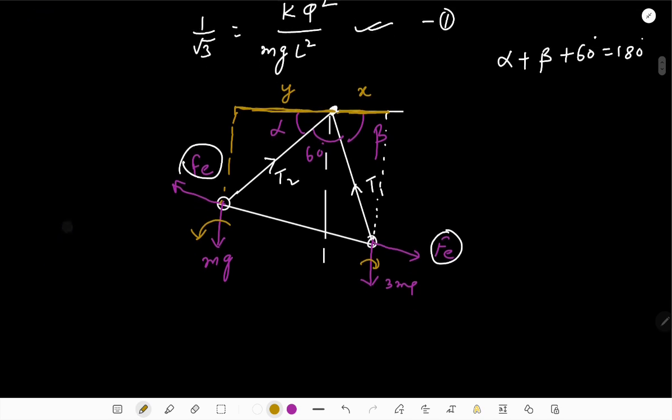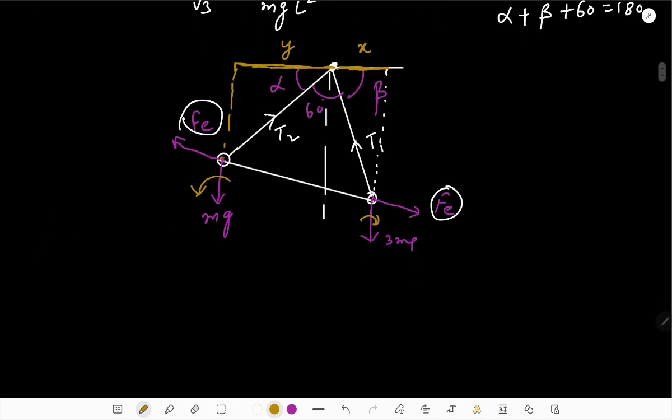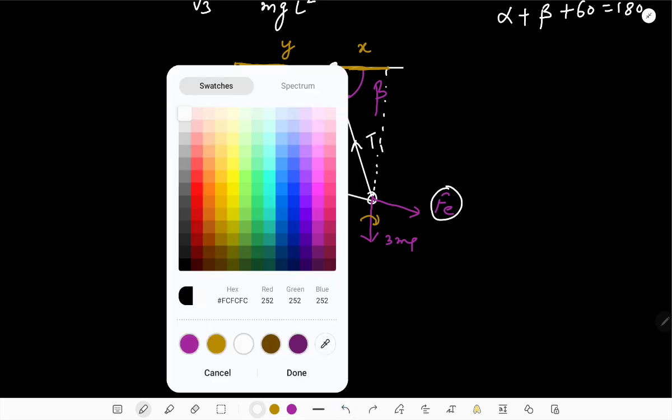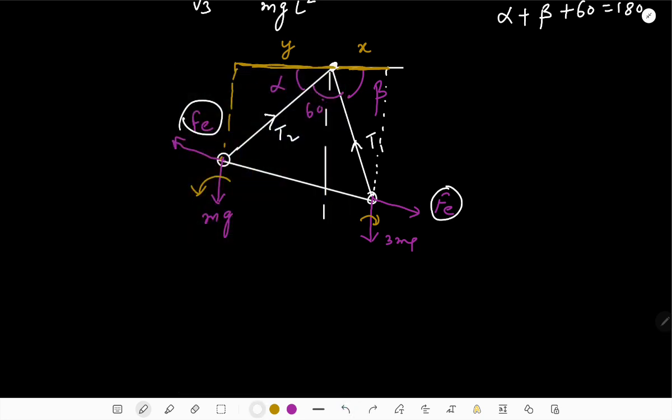So their torque balance equation will be something like mgy equals 3 mgx.